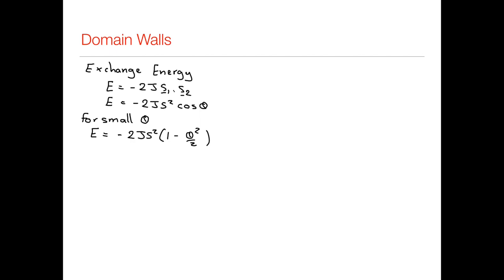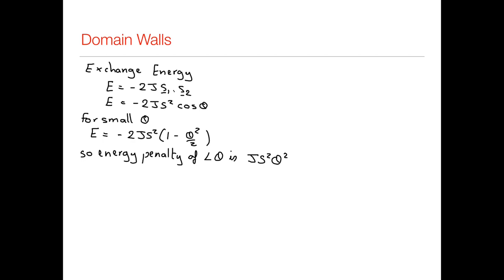In other words, the energy penalty of the spins being at an angle theta is just going to be J S squared theta squared. So that's the cost of being rotated through an angle theta.